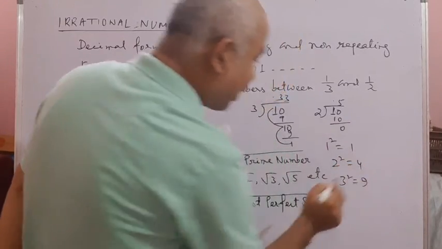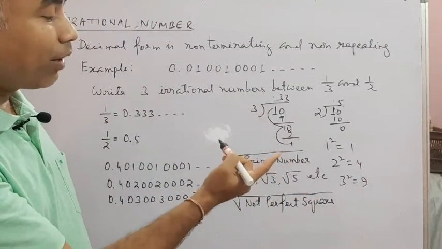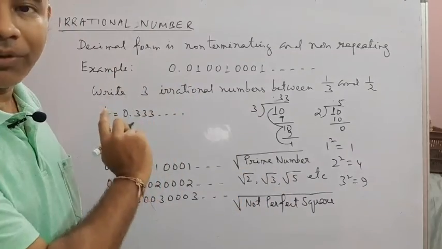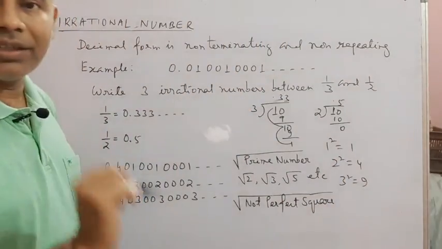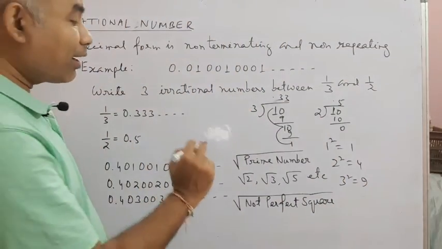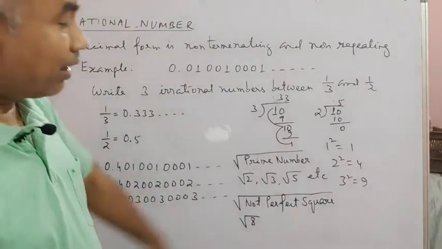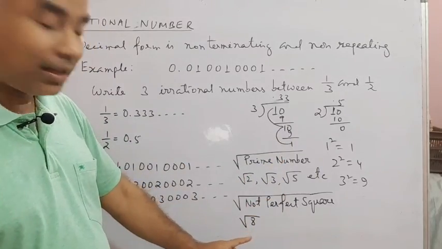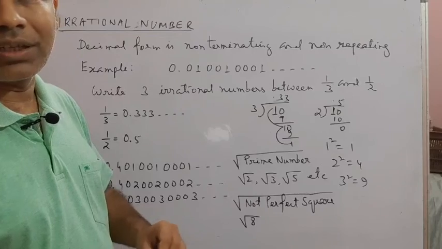So 1, 4, 9, 16, etc. are squares of some number, they are called perfect squares. But suppose, say, in between 4 and 9, 8 is there. 8 is not a perfect square. If we are asked to find the square root of 8, you will not get a natural number or integer as an answer. So this square root of 8 is an example of irrational number.